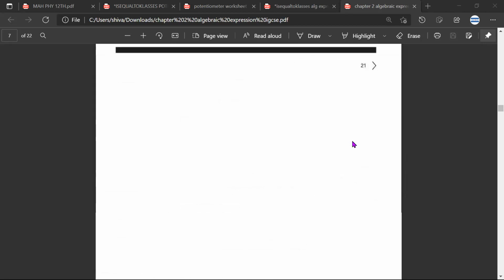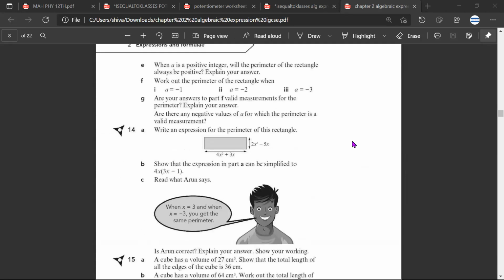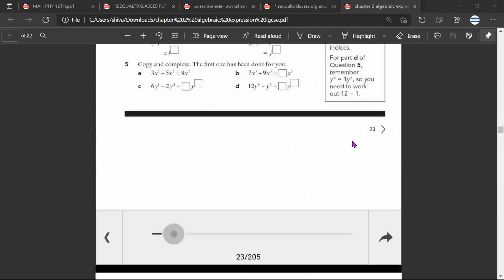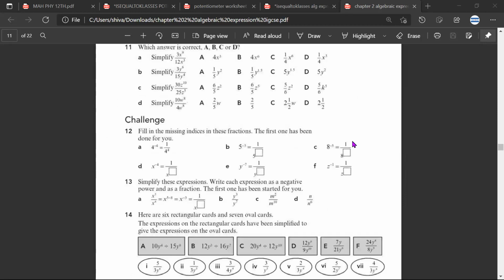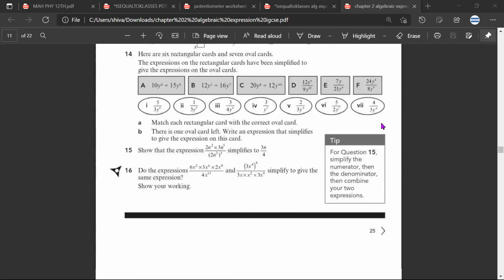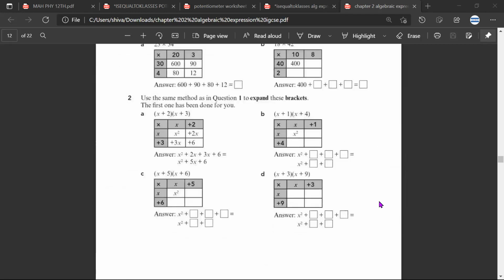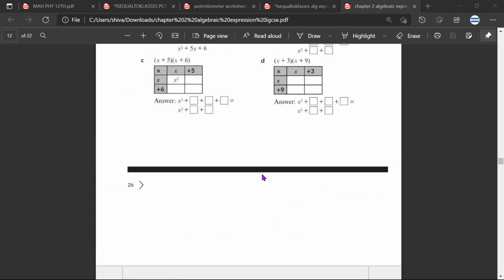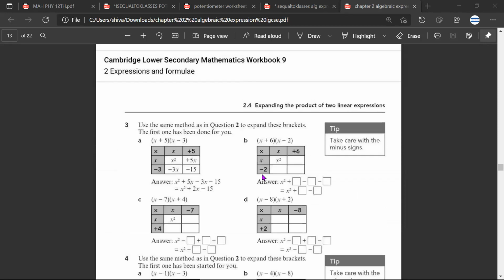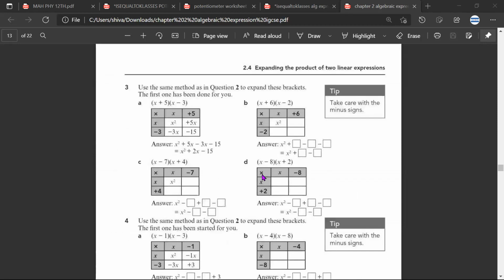Please try to understand where the trouble will come. The trouble will start coming from this point, where you will have to multiply the two expressions. Arman, have you understood? Yes, sir. Satya, are you able to understand? Yes, sir.